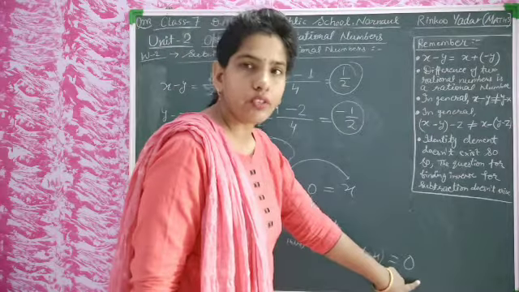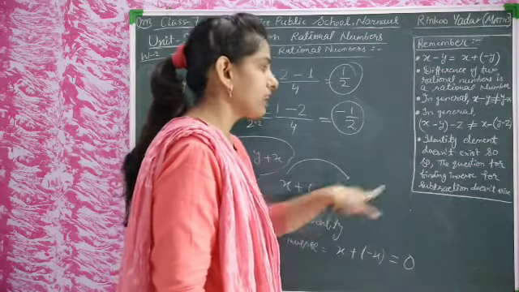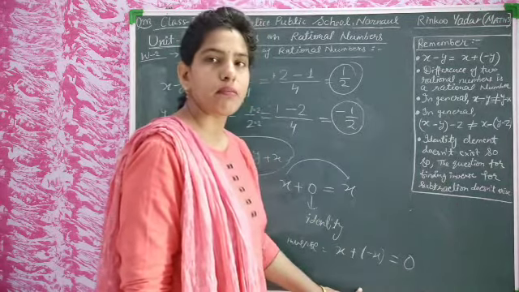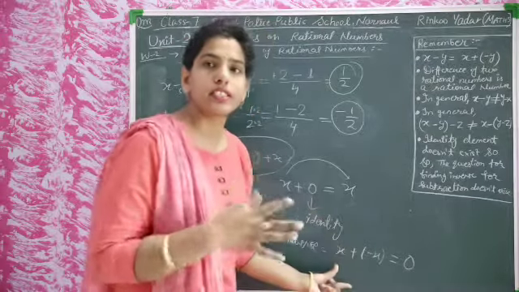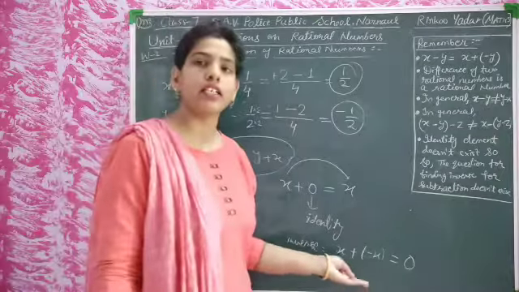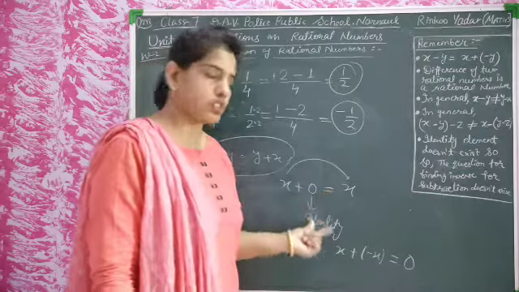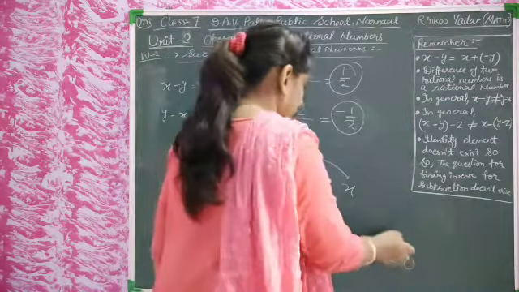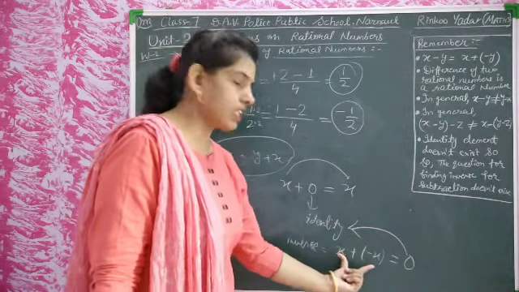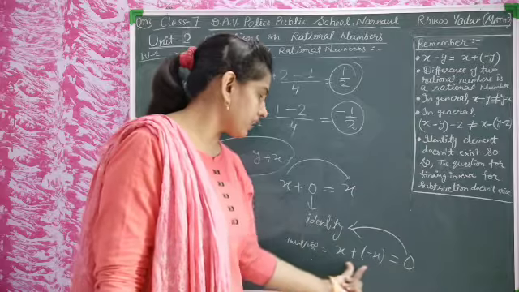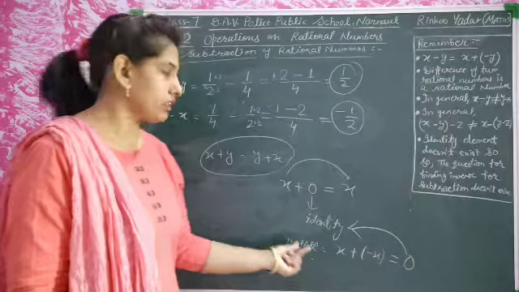It means if this holds, then the inverse exists. If the identity doesn't exist, then there doesn't exist any inverse. Is it clear, students? This is the identity, and if the identity exists, then the inverse of x exists here. Is it clear?